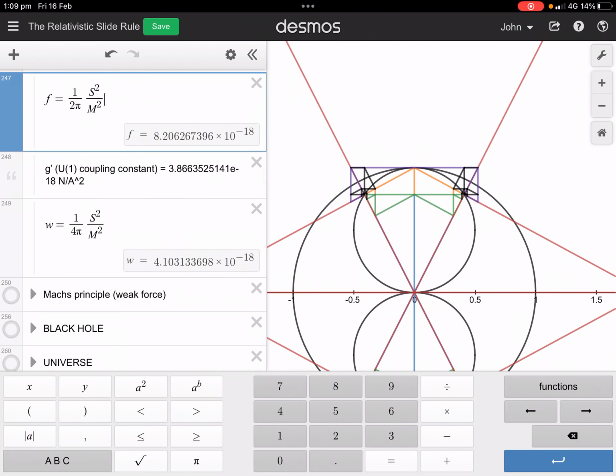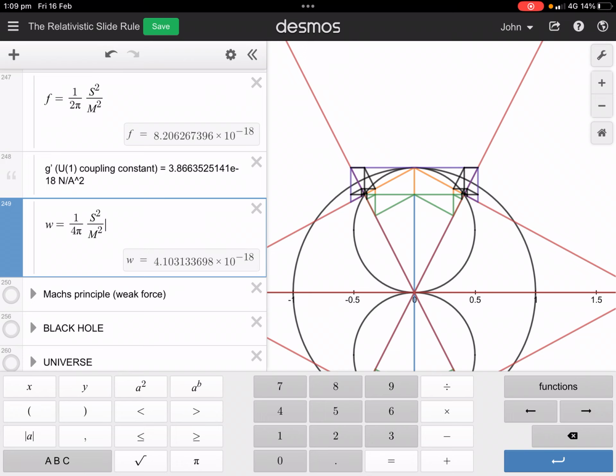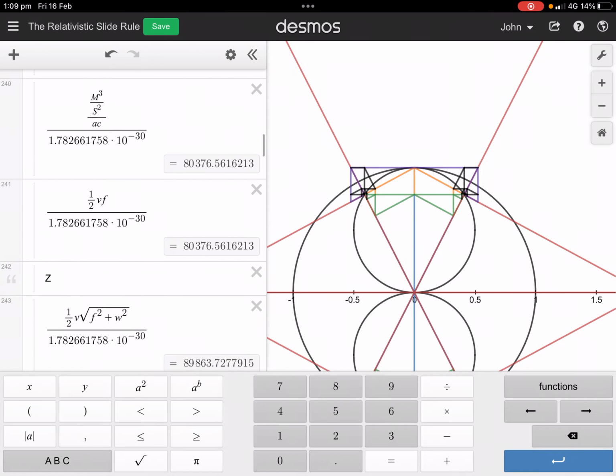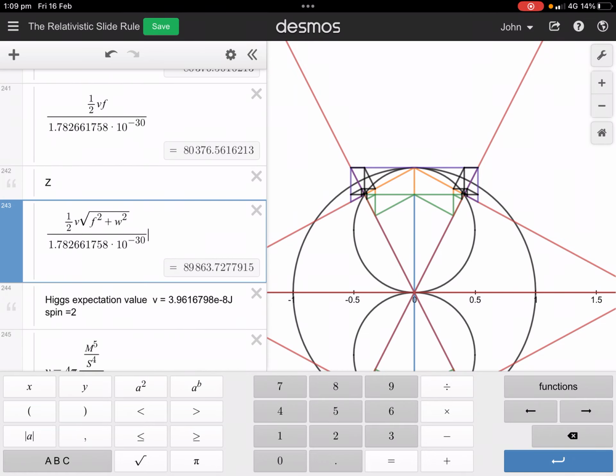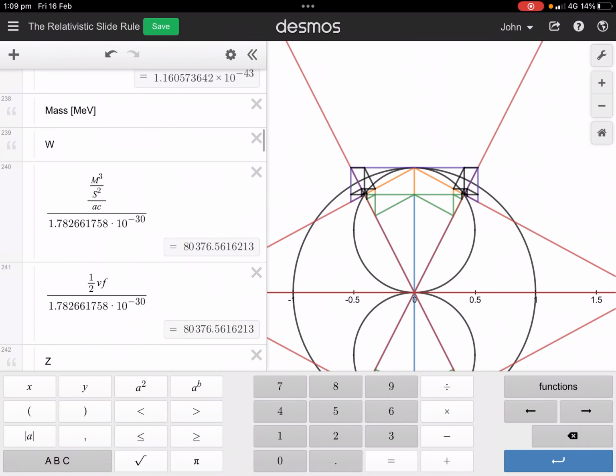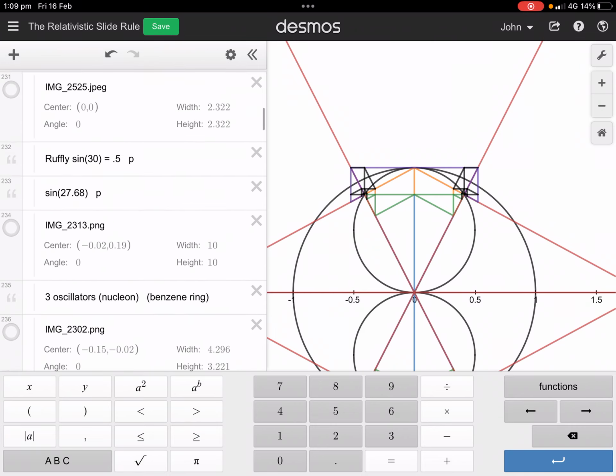The U1 coupling constant should be about 3.86, mine's about 4.1, so again that's slightly out, which of course compounds and causes this to be slightly out. So yeah, I just can't get it to fit exactly if I want to use the latest measurement. Doesn't quite fit. It's pretty close though.